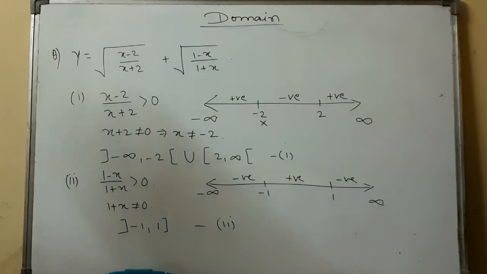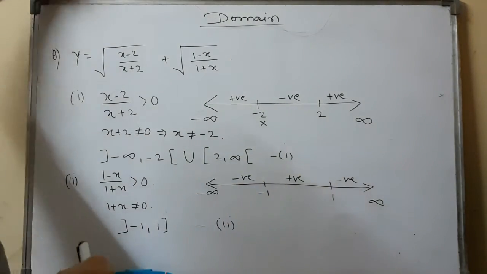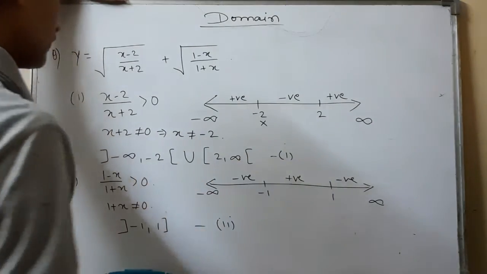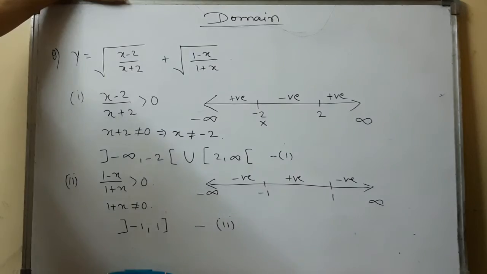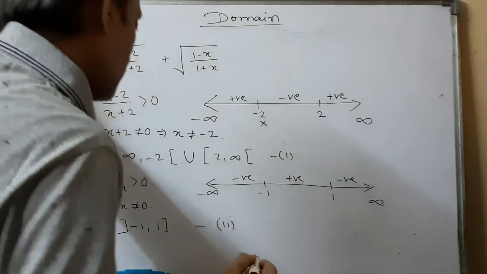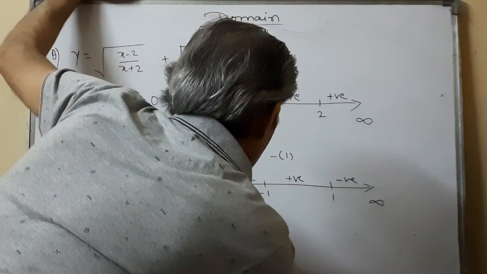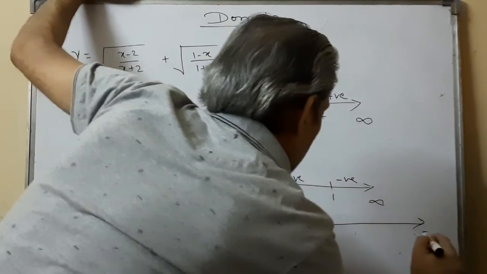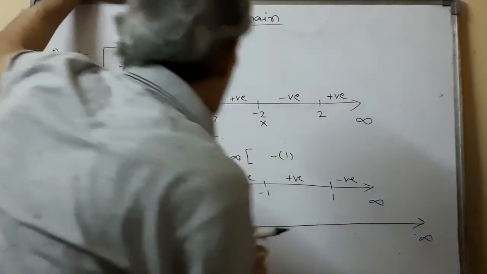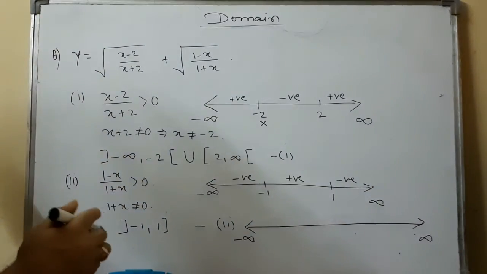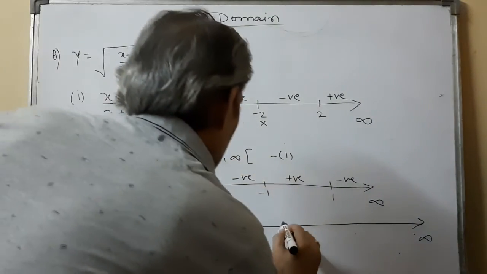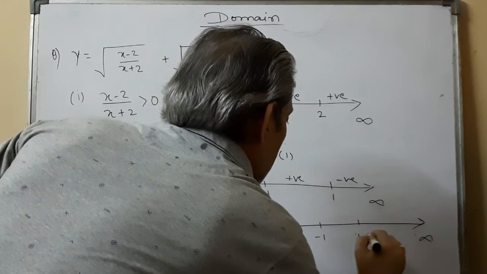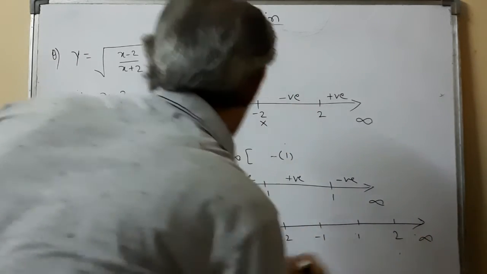Now what are the values which is common to both from 1 and 2? So make another number line. Mark the different points, -2, -1, 1 and 2.